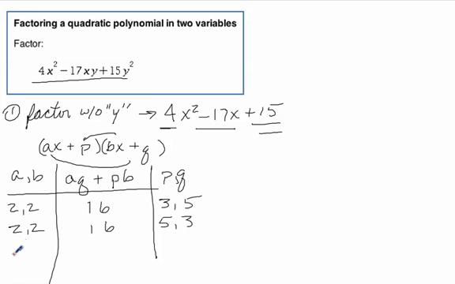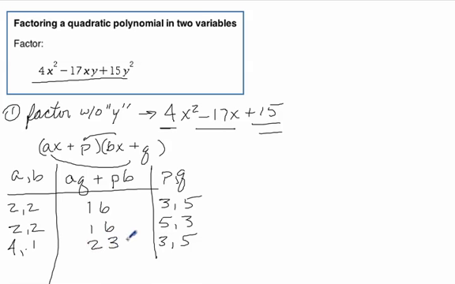So let's try a 4 and a 1. And let's try the 3, 5 again. So here, the A times the Q gives 20. And the 3 gives 3. So that 20 and 3 makes 23 if we add them together.